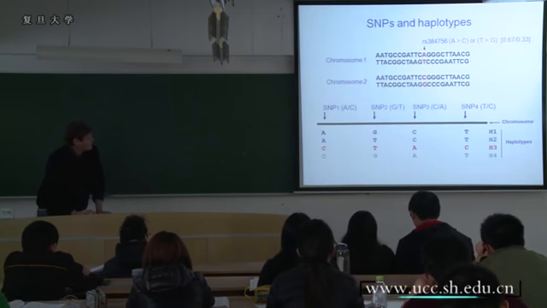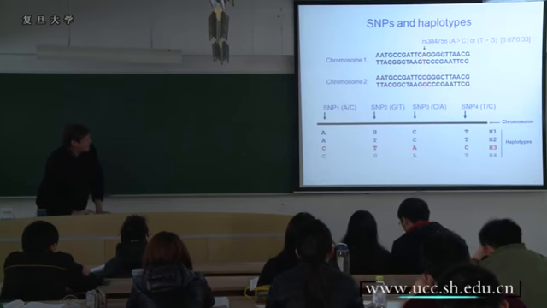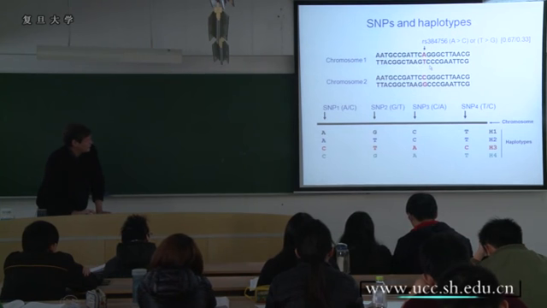Now, this can sometimes be a little confusing because there's a pair here and there's a pair here. When we talk about the polymorphism, we're talking about a comparison between chromosomes, the sequences on chromosomes.